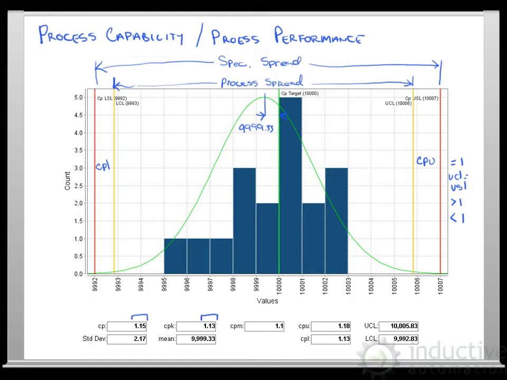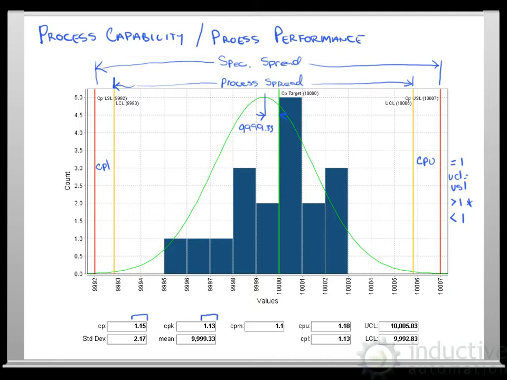So we want to see a number that is 1 or greater. This is our ideal situation in a processing plant. The same applies with the CPL and the distance here. The CPK is actually whichever's lower, the CPL or the CPU. Whichever one's lower, that's what the CPK is going to be.